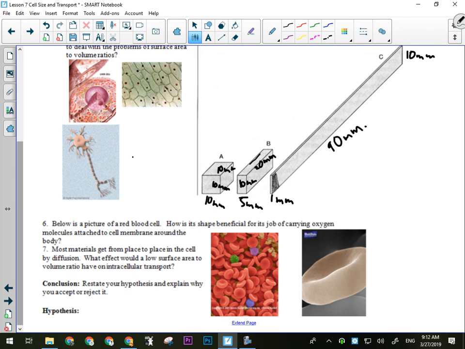And then number 6 is asking about the shape of a red blood cell. A red blood cell looks like a donut. This is an electron microscope picture of it. So basically, if a red blood cell was just a sphere, would that have more or less surface area than a red blood cell that's shaped like this?